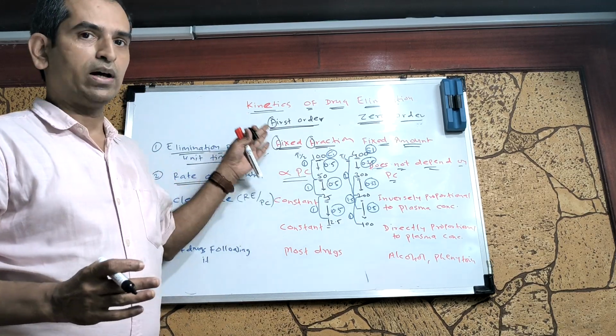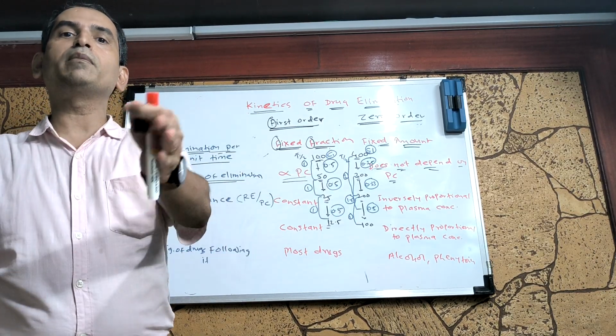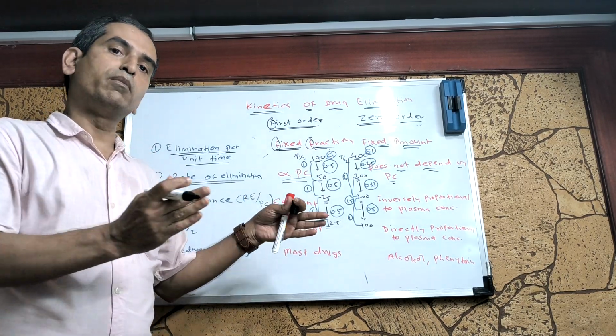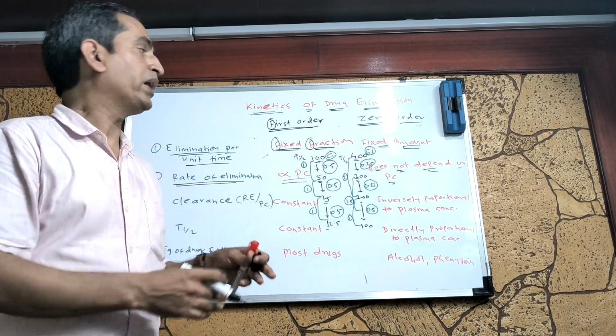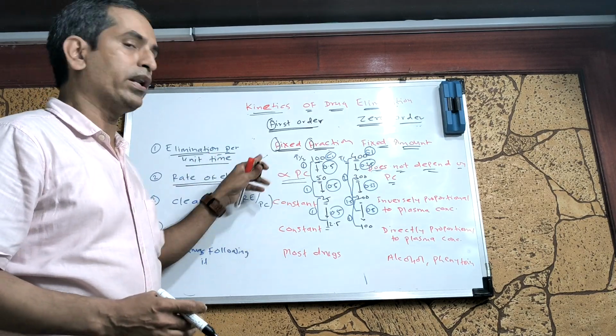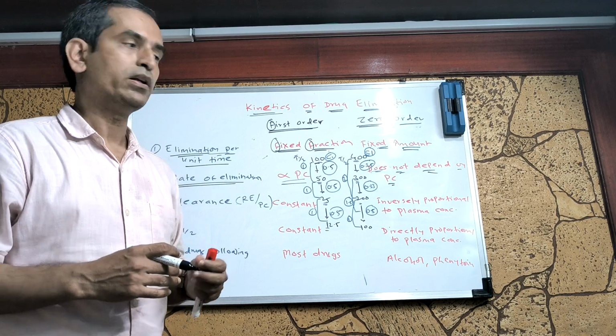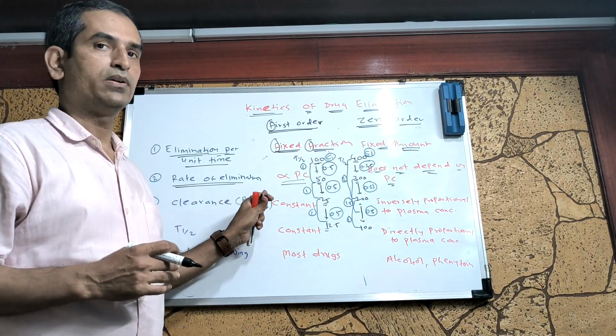So more cars are coming and more cars are being relieved from that toll. That means if the concentration is more, more amount of the drug will get eliminated from the body. That is about the rate of elimination.